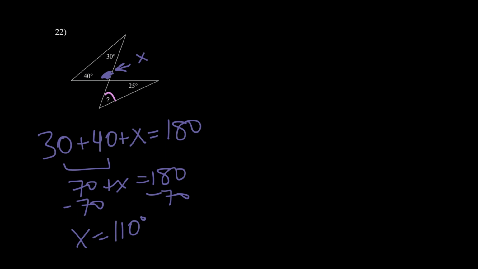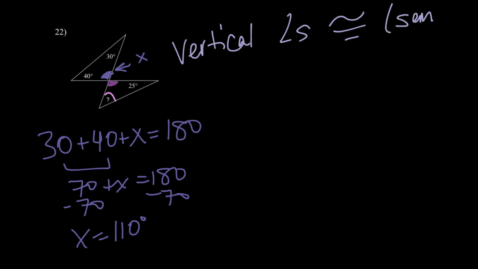Well, we know, hopefully, that these two angles here are vertical angles. And vertical angles are congruent, which means the same or equal. So if x is 110 degrees, then I know this angle must be 110 degrees as well.